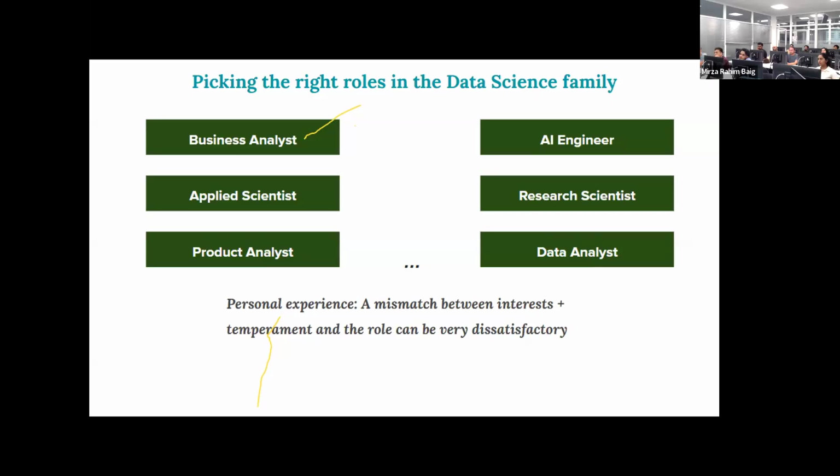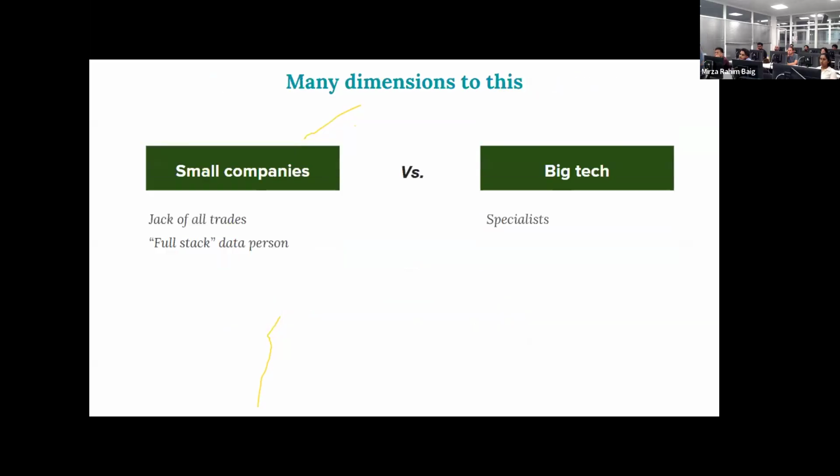And you can take my word for it, because I was in the most attractive role and I was very dissatisfied because it wasn't for me. So whatever these titles are, don't be swayed by the attractiveness of those titles. Your personal temperament matters a lot, and there has to be a match. And again, this is just to help you decide or give you a better picture of what these roles are and whatnot.